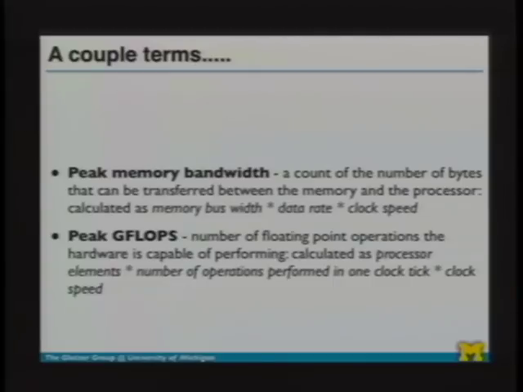Peak gigaflops is a similar calculation. It's just the number of processor elements times the number of operations performed per clock, which is 2 in the case of these GPUs. Actually, I was being lax earlier when I said multiply add. It's actually an FMA, fused multiply add, so it counts as 2 floating point operations. And then you multiply by the clock speed to get the total number of flops.